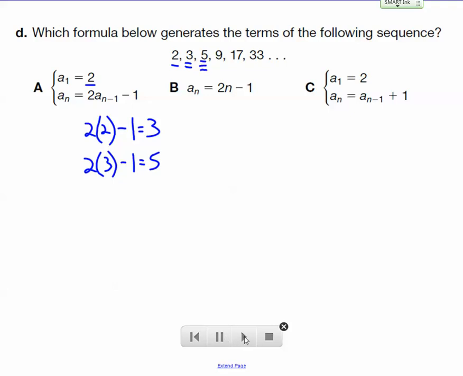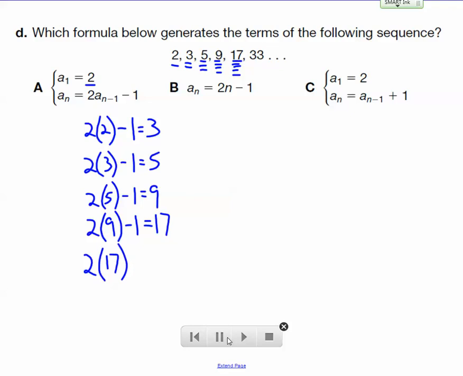The fourth term is 2 times 5 minus 1, which is 9. There it is. And then 2 times 9 minus 1, 17. And 2 times 17 minus 1, which is 33. Okay, that's our answer. A is working every single time, so A is going to be our answer.